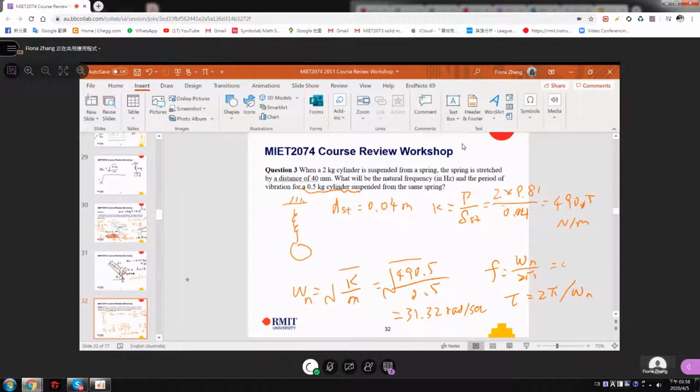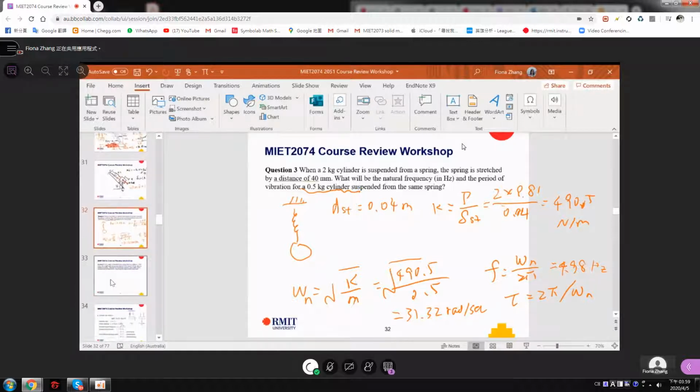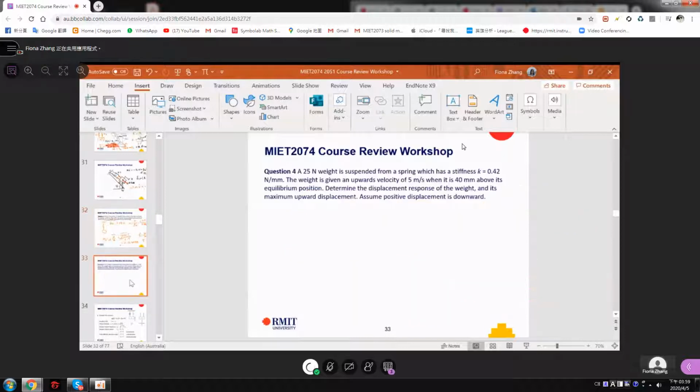So you can calculate by yourself then. This is 4.98 hertz. The period you can calculate by yourself. So this is a relatively simple question, but probably if we have multi-choice questions, something like this. Any questions? Right, if no question we will come to the last example for today.